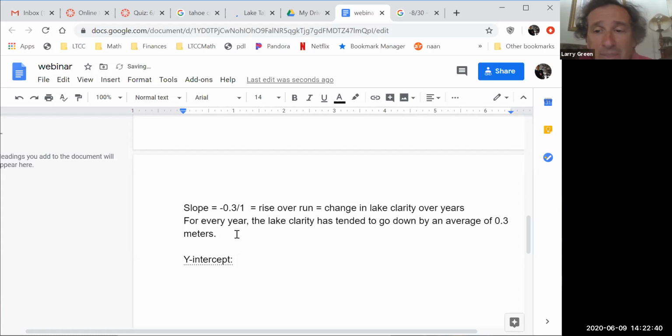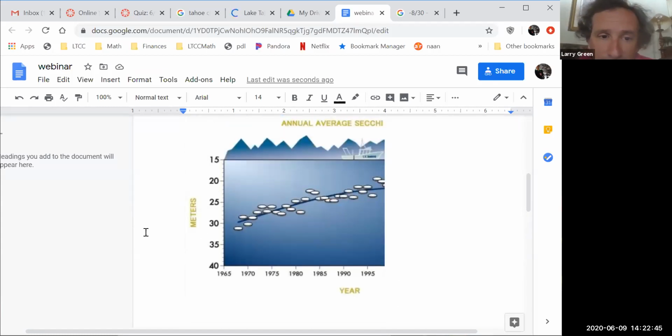Let's go to the y-intercept. Okay, so the y-intercept. So you gotta be a little careful here. The y-intercept is not this value, which is around 35 or something, right? Because that's 1965. The y-intercept is when x is what value? Again, yeah, x is 0. That's the definition of y-intercept. It means that x is 0. Let's find y. It's meaningless, but it's important.